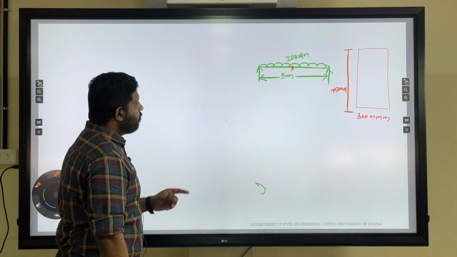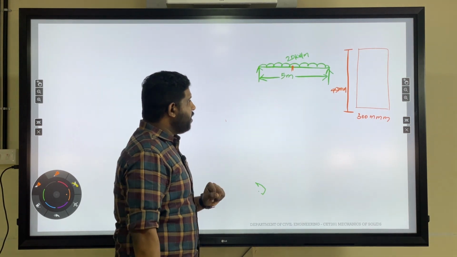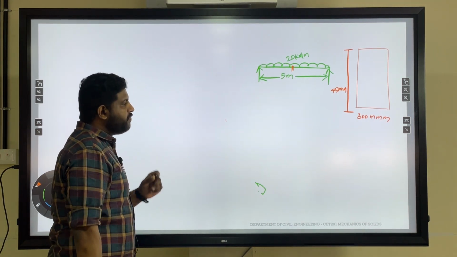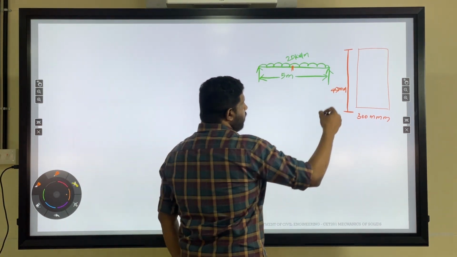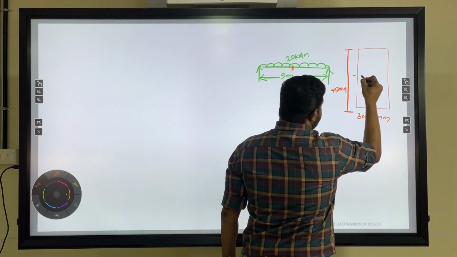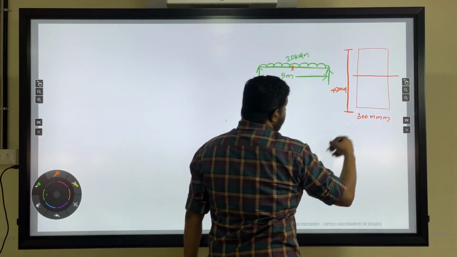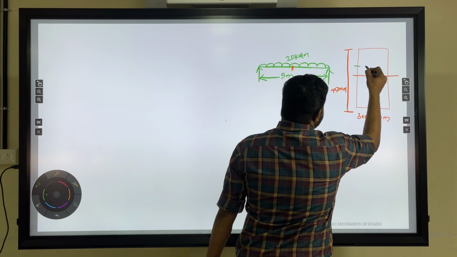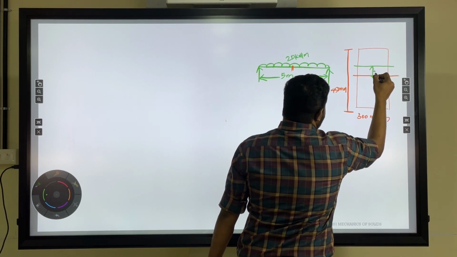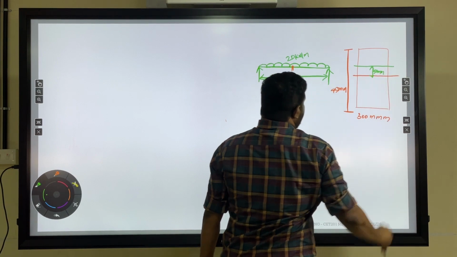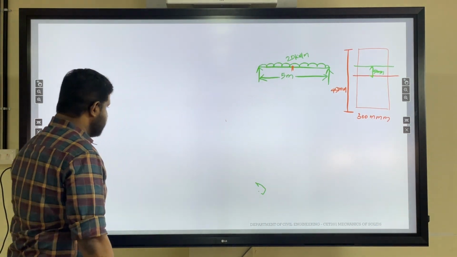Here it is asked to calculate the shear stress and bending stress at the midpoint, and the layer which is located 50 mm above the neutral axis. So actually this is a cross section and this will be our neutral axis, and our question is to calculate the bending stress and shear stress at a layer located at a distance of 50 mm above the neutral axis. So at this point we want to calculate the bending stress and shear stress.